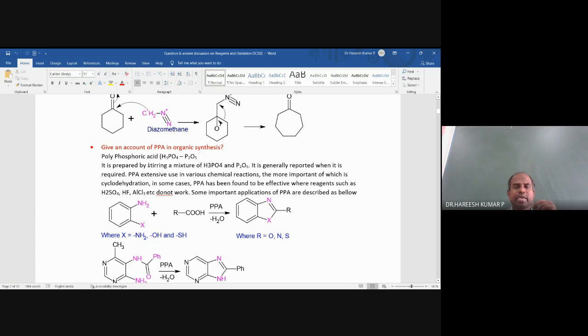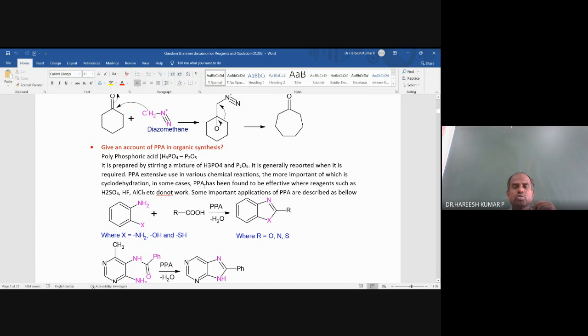So PPA is prepared by stirring a mixture of phosphoric acid and phosphorus pentoxide. This PPA is generally prepared when it is required.